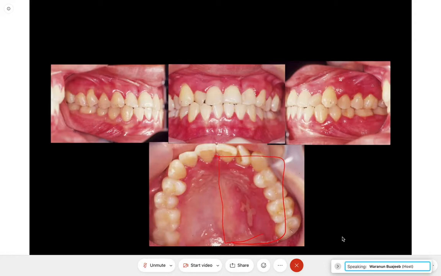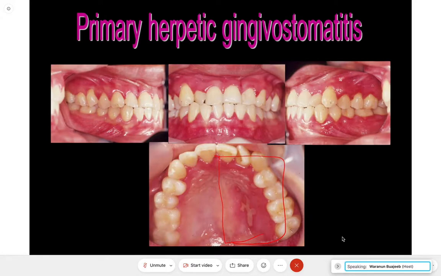Because sometimes with primary herpes simplex virus infection or primary herpetic gingivostomatitis, maybe one side is most affected, but what you need to differentiate from herpes zoster is that you can see generalized marginal gingivitis, not just on one side. You can see it on this area too. And apart from that, sometimes you can see other ulceration on the other side, which I did not show you here. And the symptom is different.